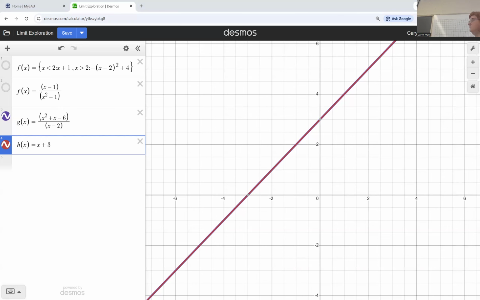Anything cancel? I have an x and an x being multiplied. Those can go away, leaving us with the limit as x goes to 0 of 1 over the square root of x plus 1 plus 1.